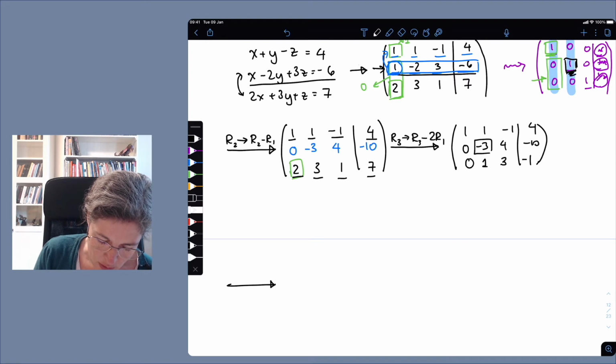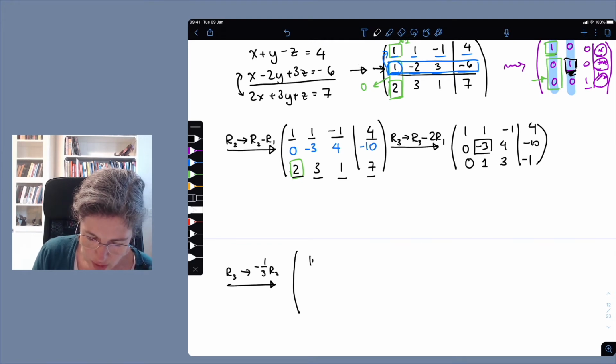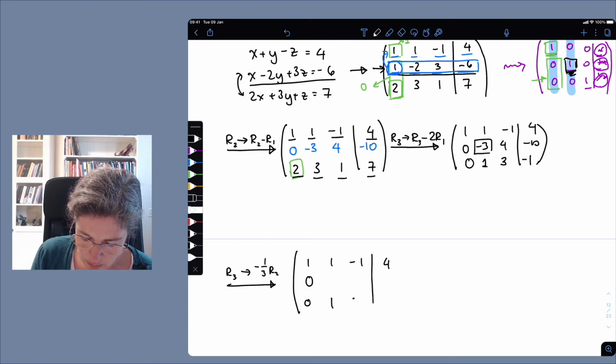So here I'm going to replace row 2 by minus 1/3 row 2. Not changing the first row, not changing the third row, and dividing through row 2 by minus 3. So here I've got 1, minus 4/3, and 10/3.